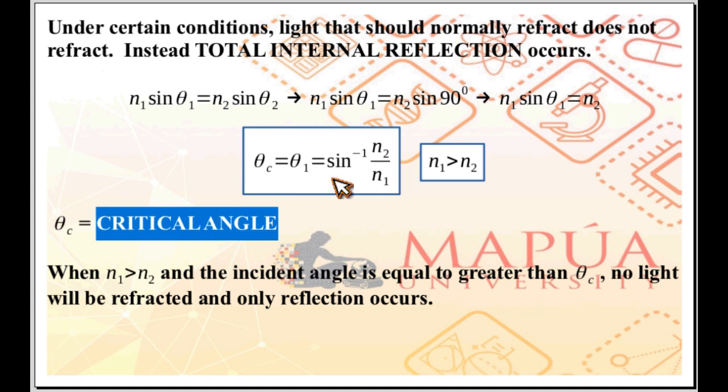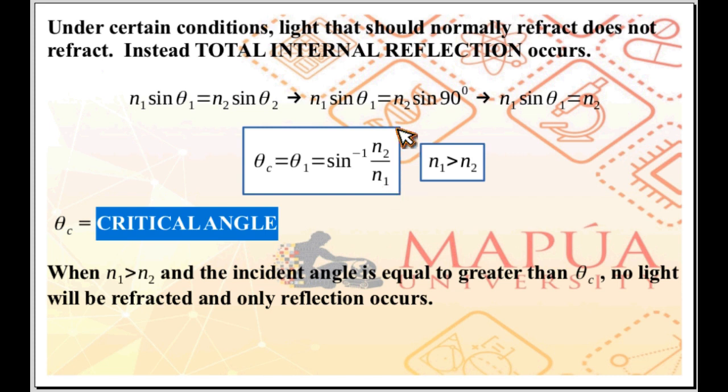Note that for inverse sine of n2 over n1 to give you an answer, for there to be a value for theta c, the critical angle, n2 must be less than n1. That is to say, this quantity must be less than 1 for inverse sine to give you an answer.